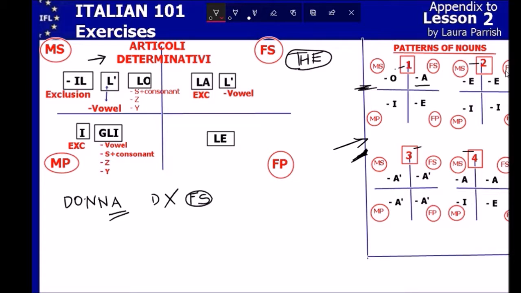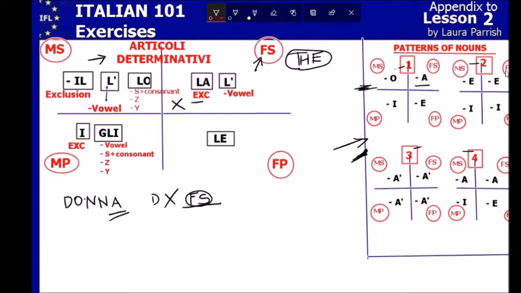So we know in which corner to go for finding the determinative article. We go in the corner of feminine singular because it's the same gender and number of the word for which we want to find the article. So we know we have to go in this corner, feminine singular, and then we work by exclusion.